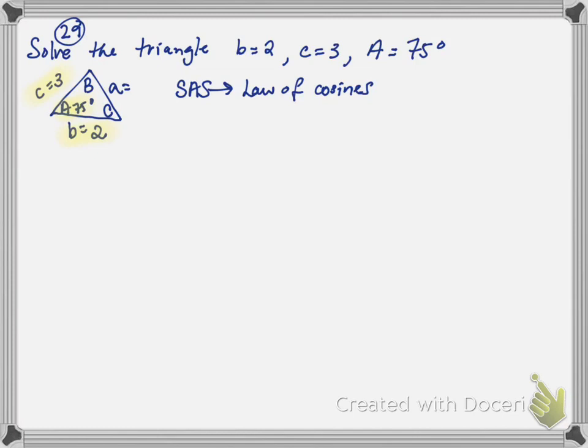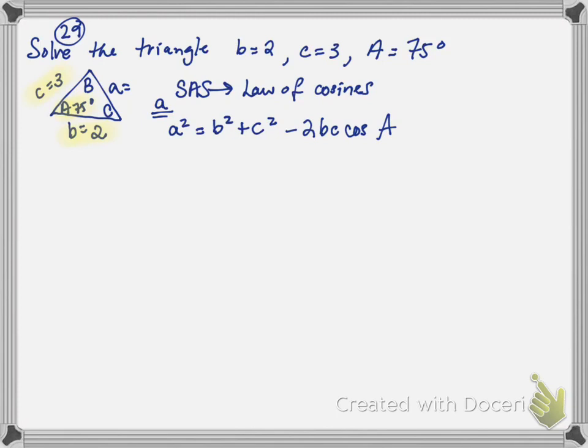Since I'm given angle A, I want side A squared on the left-hand side: A squared equals B squared plus C squared minus 2BC times cosine of angle A. And that is one of the formulas for the law of cosines. Once again, I determined that because I was given angle A, side C, and side B. So this will give me side A, and that's what I'm going to go after.